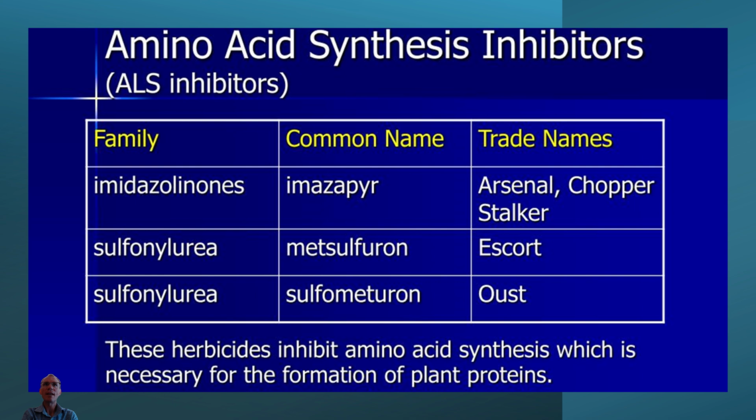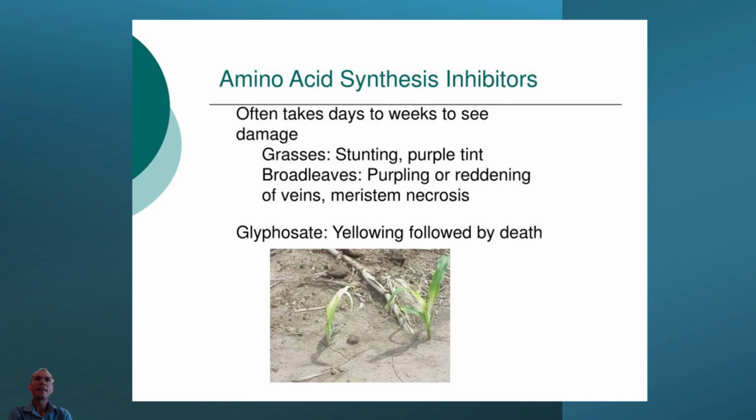These herbicides inhibit amino acid synthesis, which is necessary for the formation of plant proteins. Amino acid synthesis inhibitors often take days to weeks to see damage. Grasses: stunting, purple tint. With broadleaves, you'll see purpling or reddening of veins, meristem necrosis.